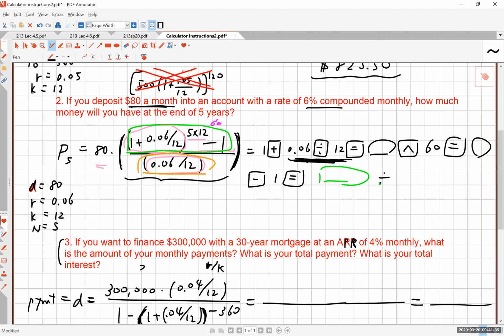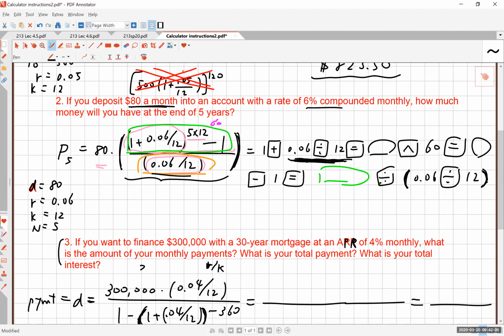And then the next thing I do is to divide this by this thing. But what you do not want to do is divide it by 0.06 and then divide that by 12, because this part has to be done first. So your calculator should have parentheses. So 0.06 divided by 12, and then you close parentheses.